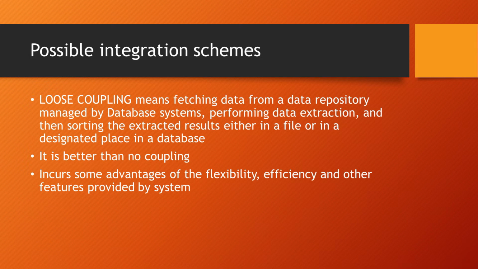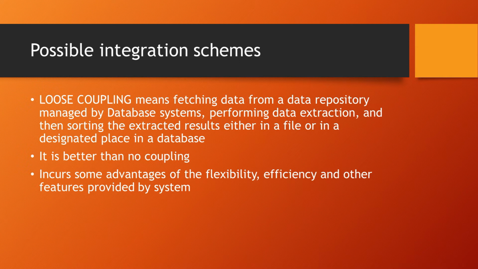Loose coupling means fetching data from a data repository managed by a database system. It performs data extraction and then stores that extracted result either in a file or in a designated place in a database or data warehouse. The loose coupling is better than no coupling because it can fetch any portion of data stored in databases or data warehouses by using query processing.